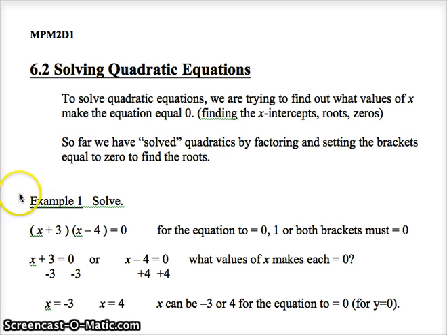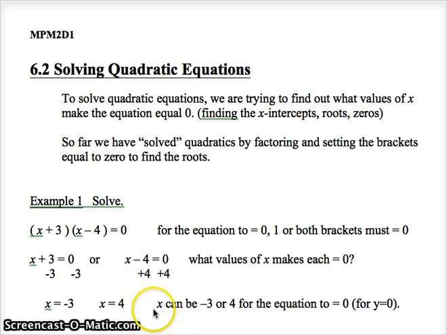So if we look down at example 1 and you're asked to solve a factored form equation for when it equals 0, we're asking what would make one or both of the brackets equal to 0. So we need to set each bracket equal to 0. x plus 3 would equal 0 if x was negative 3, and x minus 4 would equal 0 if x was equal to 4.